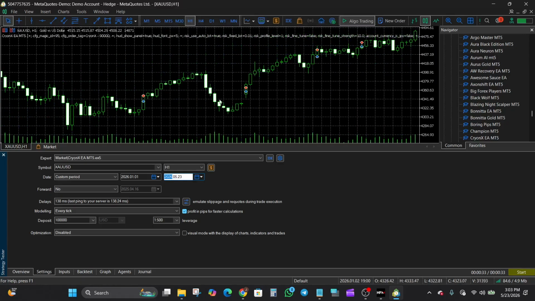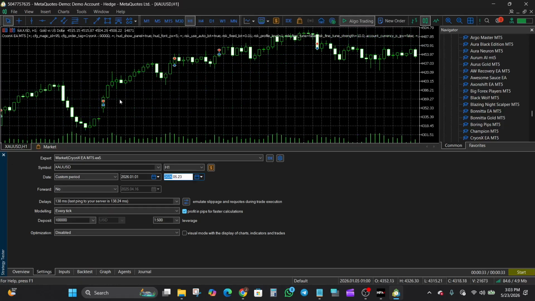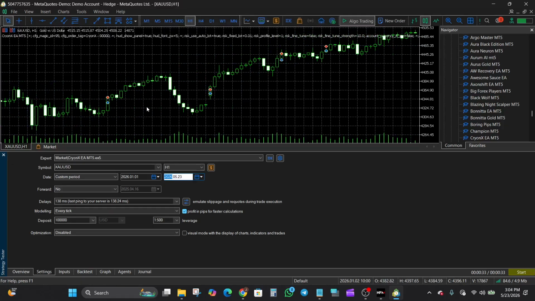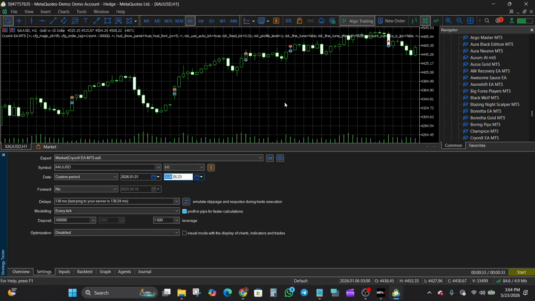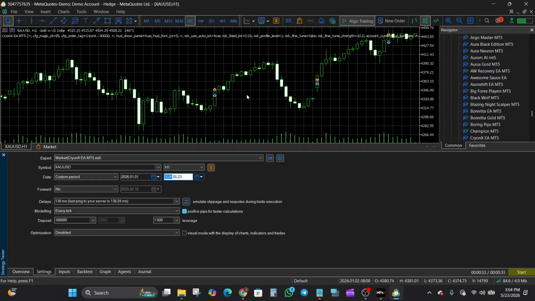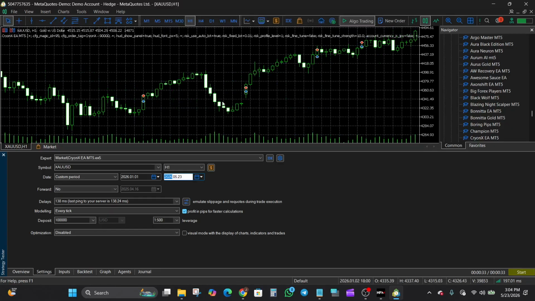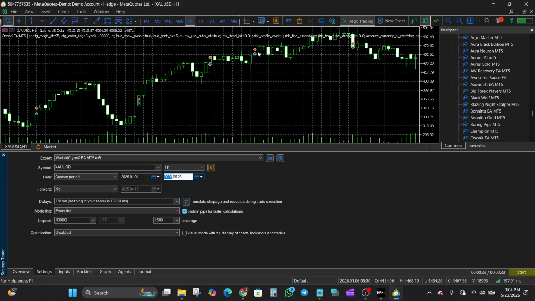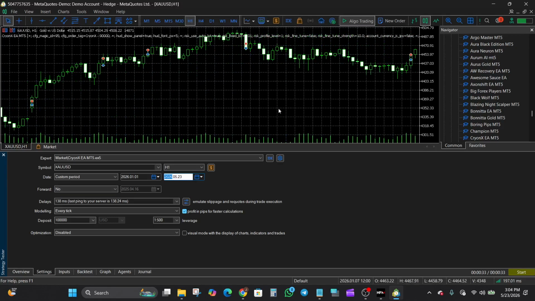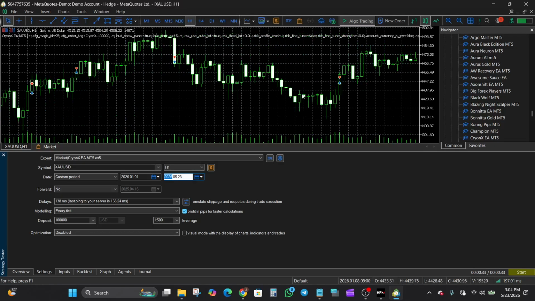Okay, I can see that there are notable spacing between the entries, between the positions, right? And the EA seems to be targeting short-term price movements because we can see that the trades are opened and closed within the same candle. It happened here again, and so on and so forth. And then you can see the spacing between the positions.